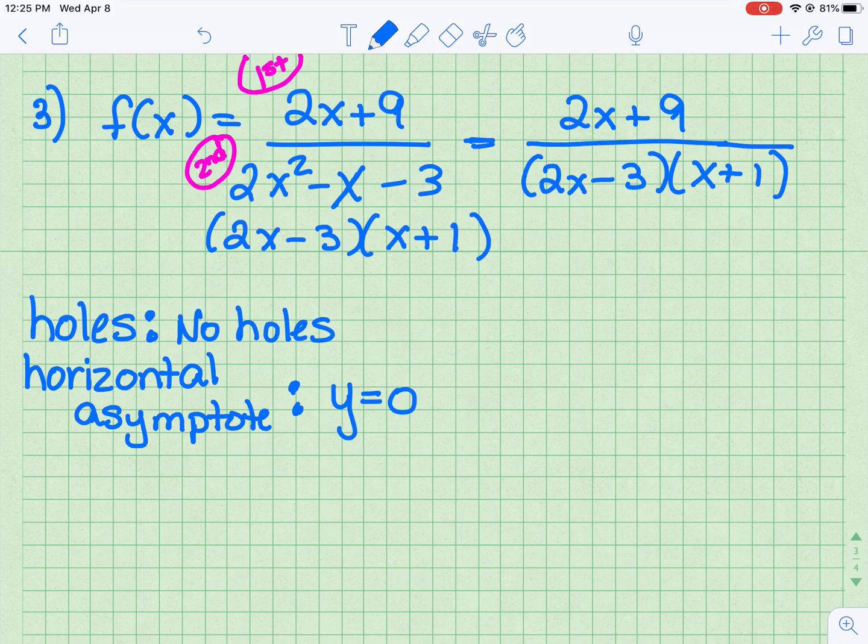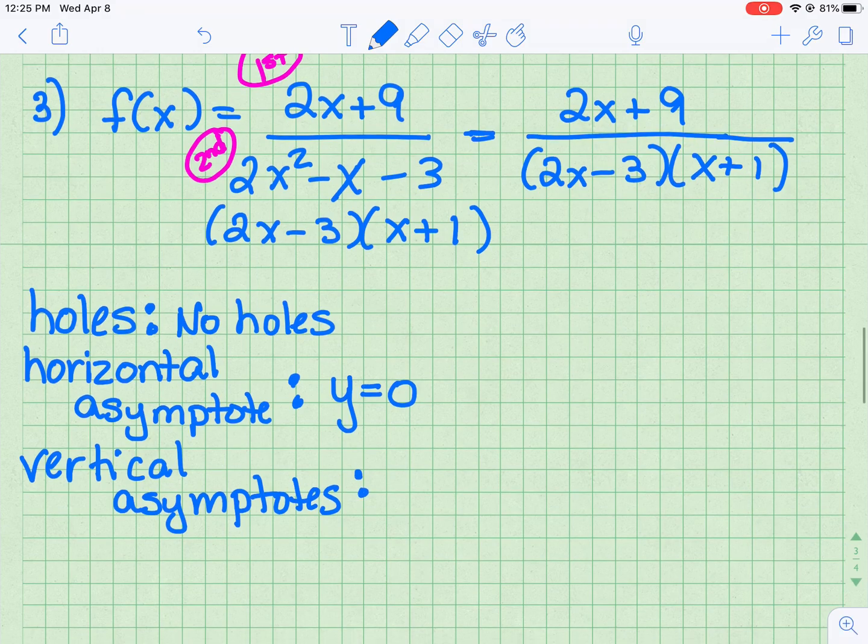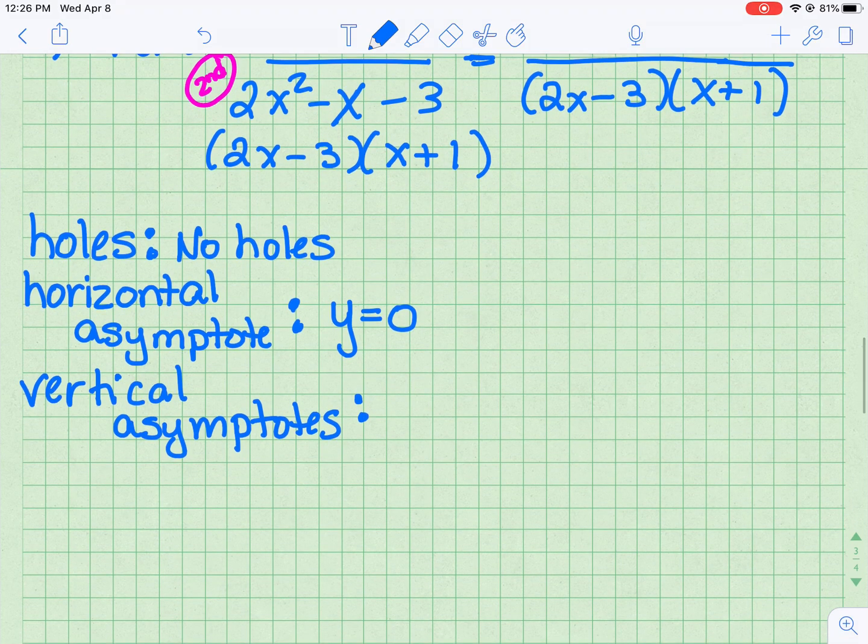Okay. Now this case has actually 2 vertical asymptotes. The first vertical asymptote is where 2x minus 3 equals 0.